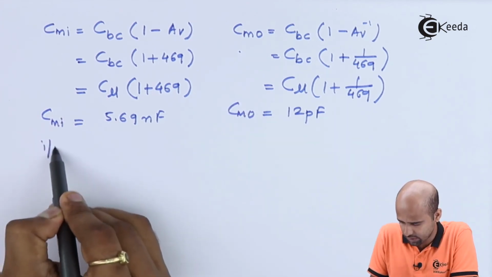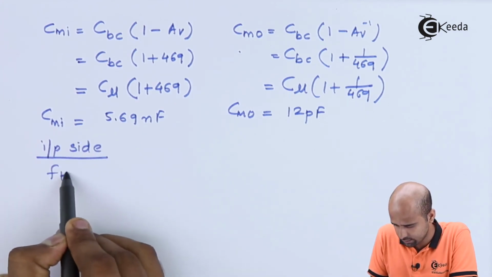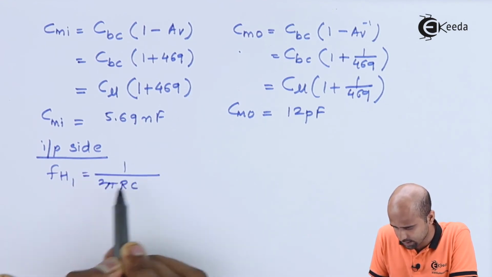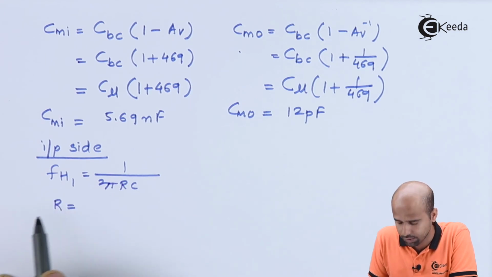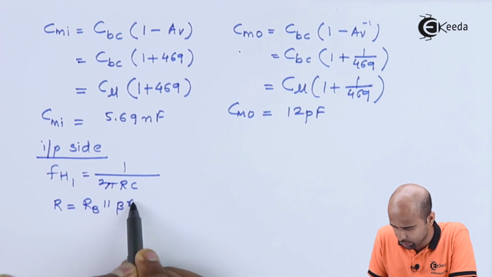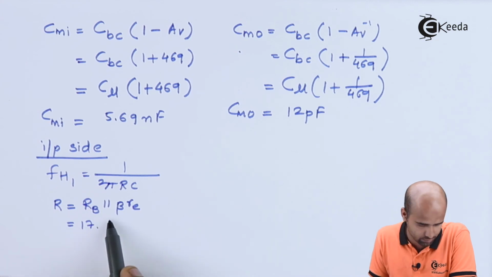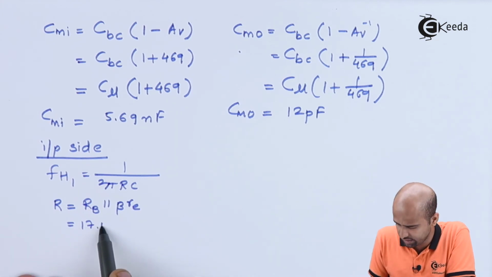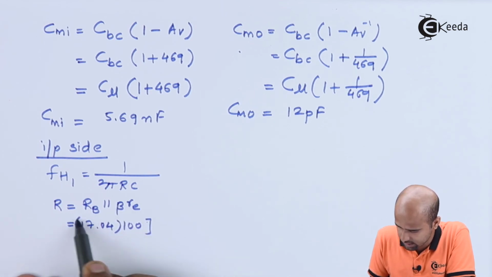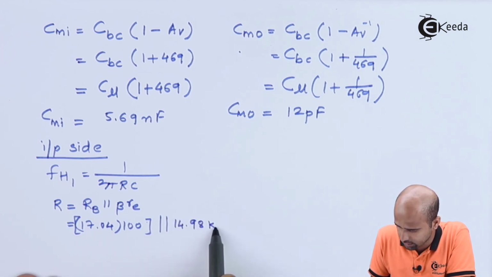We'll take input side first and calculate the value of FH1, which is nothing but 1 upon 2 pi RC. We'll calculate the value of R here. R is nothing but RB parallel beta into RE. RB is 14.98 kilo ohm, beta RE is nothing but 17.04 multiplied by beta, that is 100.